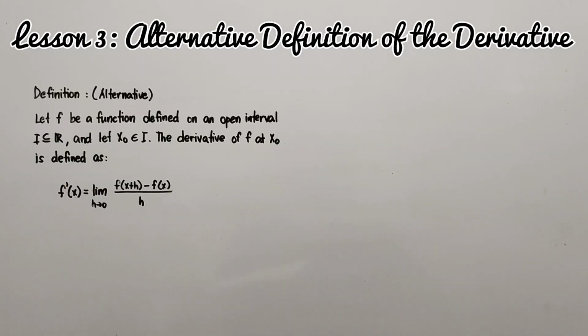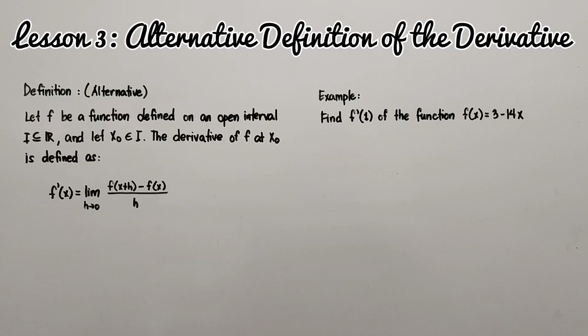Let f be a function defined on an open interval I, a subset of the real numbers, and let x sub 0 be an element of I. The derivative of f at x sub 0 is defined as f prime of x equals the limit of f of x plus h minus f of x over h as h approaches 0. So the only difference from the first definition is that we are no longer using x sub 0. Here we have only x and we add some variable h. Let's proceed now to the example.